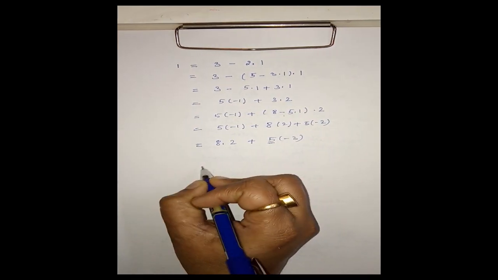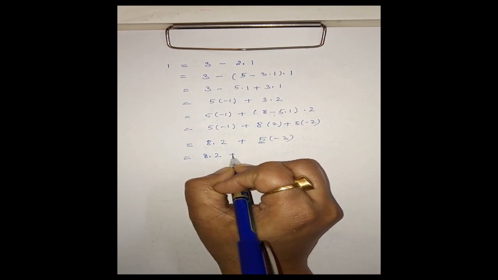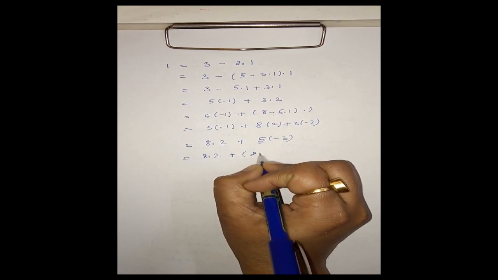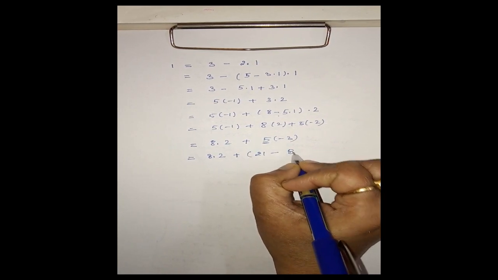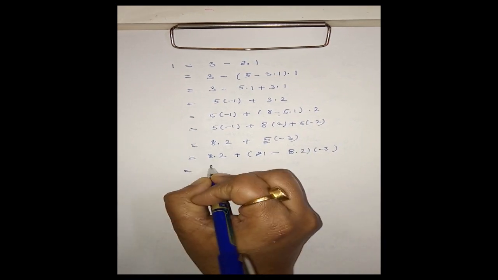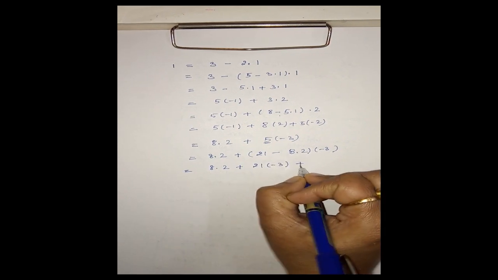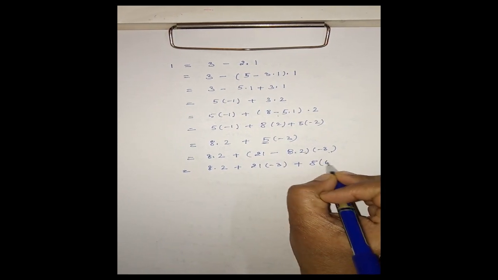Now we will write the value of 5: 8 into 2 plus 21 minus 8 into 2, into minus 3. That is 8 into 2 plus 21 into minus 3 plus 8 into 6.